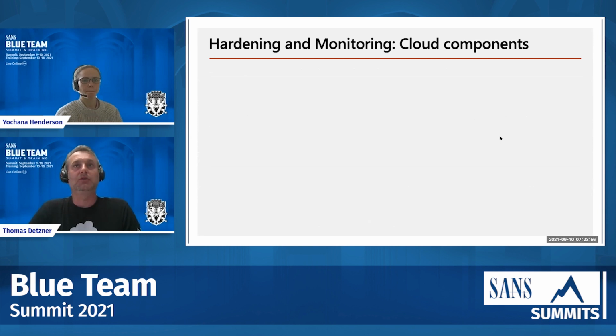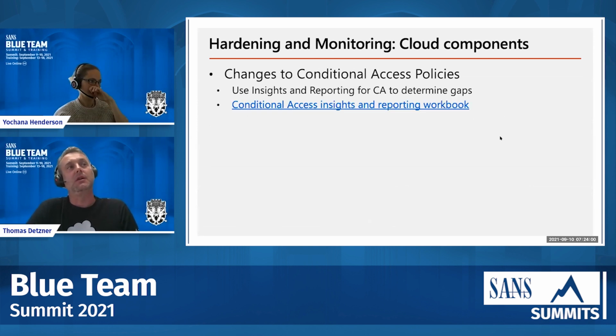Moving over to the cloud components. What do we recommend for your cloud components? Let's start with conditional access. Conditional access for us is one of the key components for a zero trust strategy. You should have conditional access policies for all your admin roles to enforce MFA.